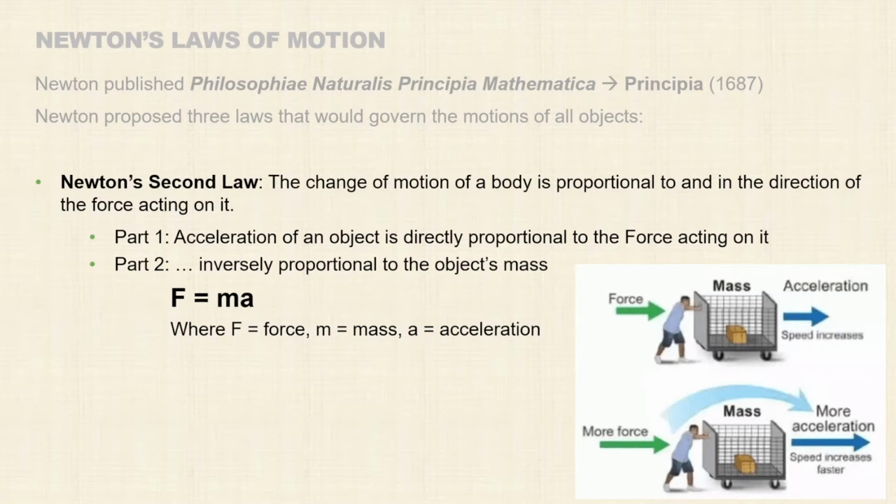If the mass is higher, for the same amount of force, the acceleration is less. For example, the guy applying force to a cart with some mass, it accelerates. More force, more acceleration. But if I increase the mass here for the same amount of force, for higher mass, the acceleration decreases.